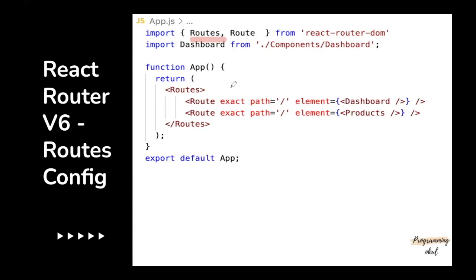Instead, we are going to use Routes, and then the Route remains the same. But there is one small change: instead of using component as a prop, we are going to use element as a prop, and we are not going to pass just the name of the component. Instead, we are going to pass the entire component tag as a value to the element prop.